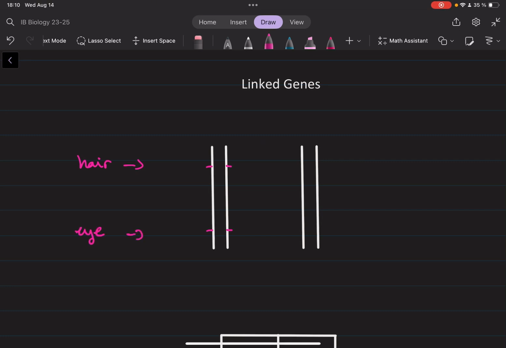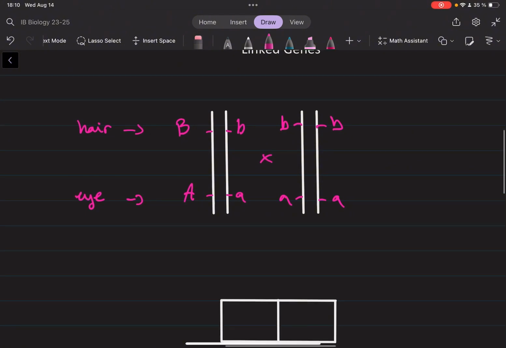Let's say that brown is dominant and blonde is recessive, and brown is dominant for eye color as well, and blue is recessive. Let's say this person is heterozygous for both traits, so they've got brown hair and also brown eyes. But then we cross them with someone who is recessive homozygous for both traits.